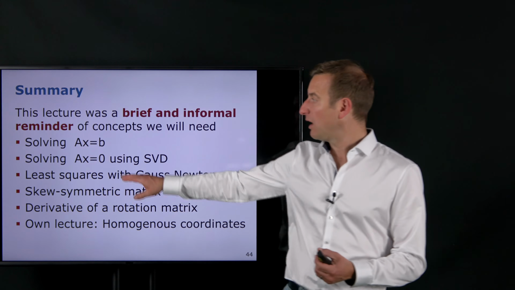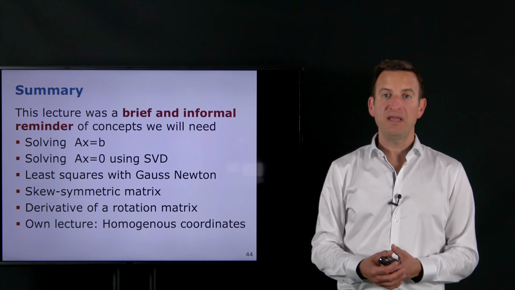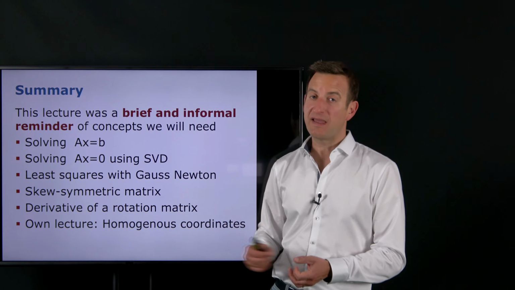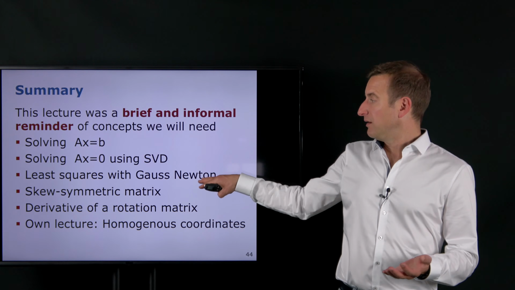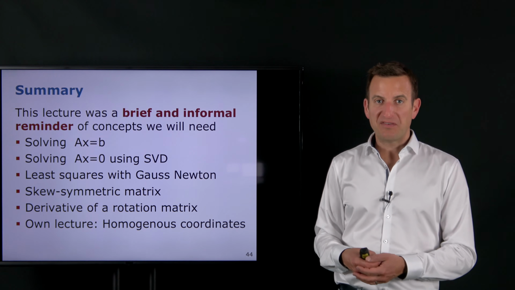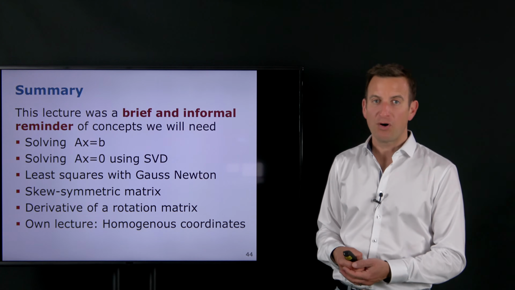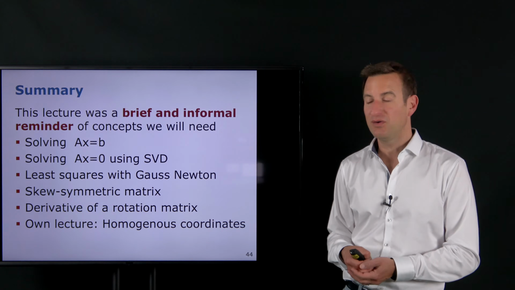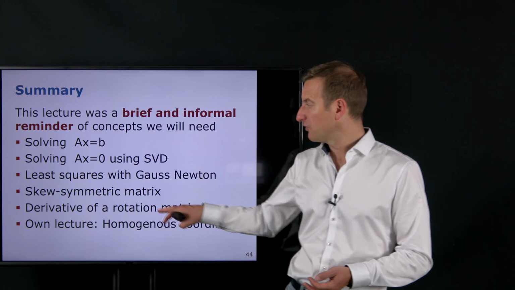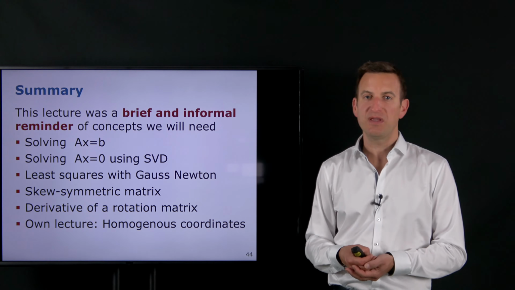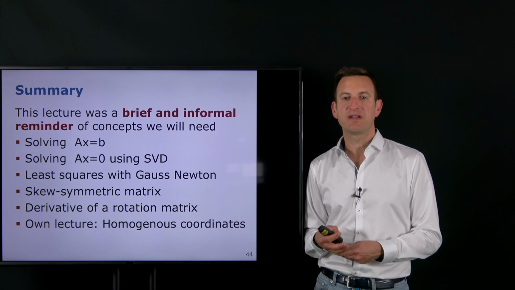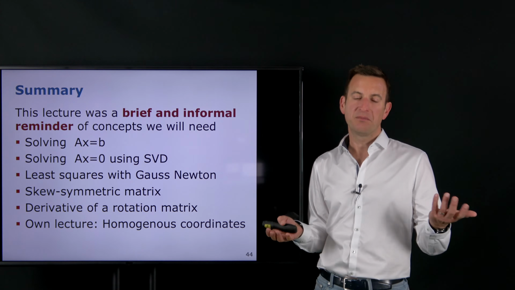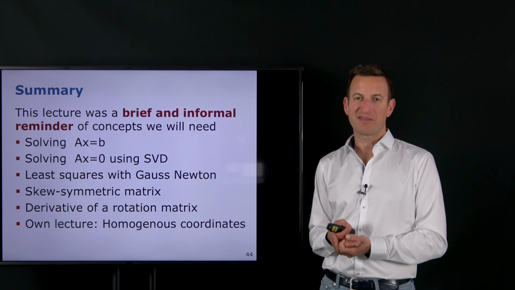So you should know how to solve a linear system Ax equals b. You should definitely know how to solve Ax equals 0, especially as this is something we are using quite often. What's least squares and what's basic Gauss-Newton, something that will also pop up in your life a few times, at least if you stick with us here. Skew-symmetric matrices are handy tools that we use from time to time, and also the derivative of a rotation matrix is something that is likely to pop up the one or the other time.